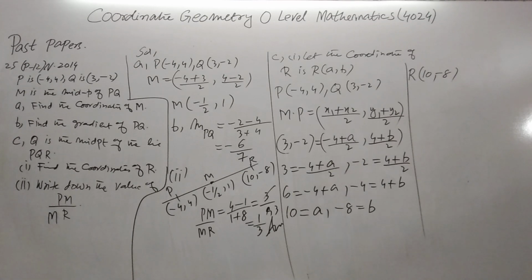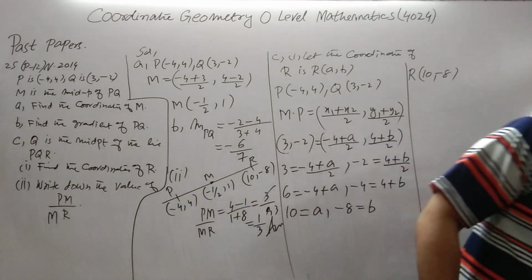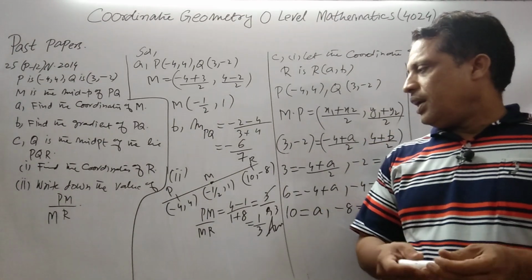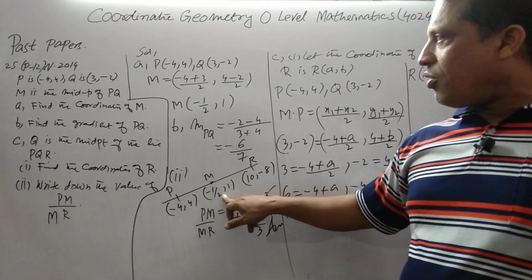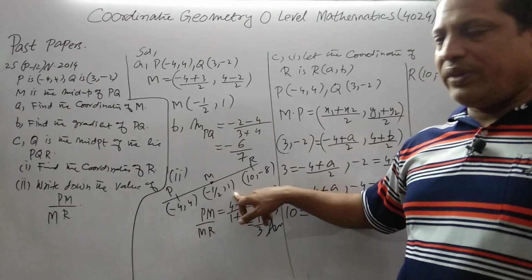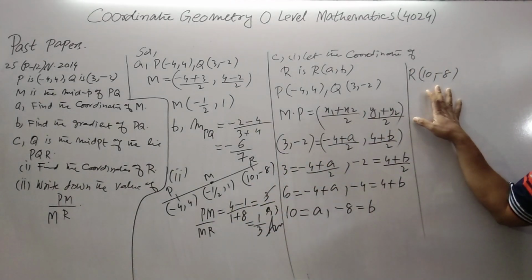I want to repeat again how to find the value of PM upon MR. Students, this is P coordinate (-4, 4). This is M coordinate (-1/2, 1). And this is R coordinate (10, -8).